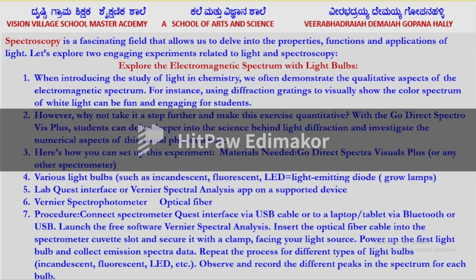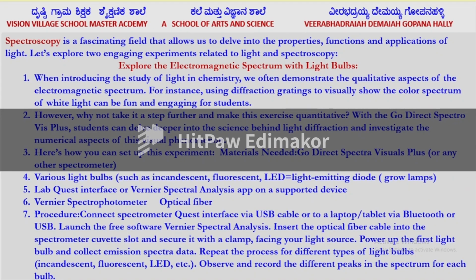You know that light is a form of energy, generally solar energy, the sun's energy. The properties, functions, and applications of solar energy in our day-to-day life in science and technology lead to spectroscopy. We explored the electromagnetic spectrum with light bulbs.